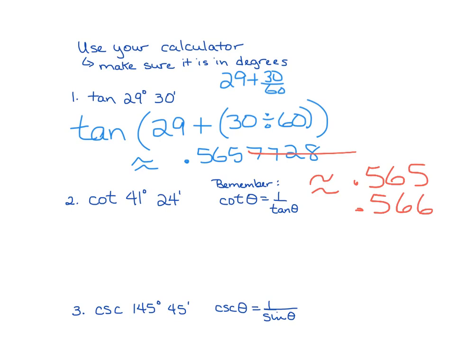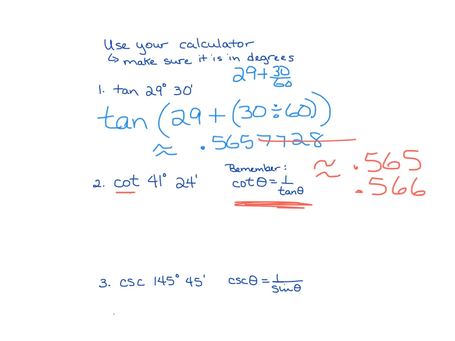Let's try the next one. Now, there is no cotangent button. We're not going to hit the second and tangent button. We're going to have to divide. We're going to have to know the reciprocal here. So when we go to key this in our calculator, and because there's so many out there and some people are using scientific, we're going to be using parentheses here.